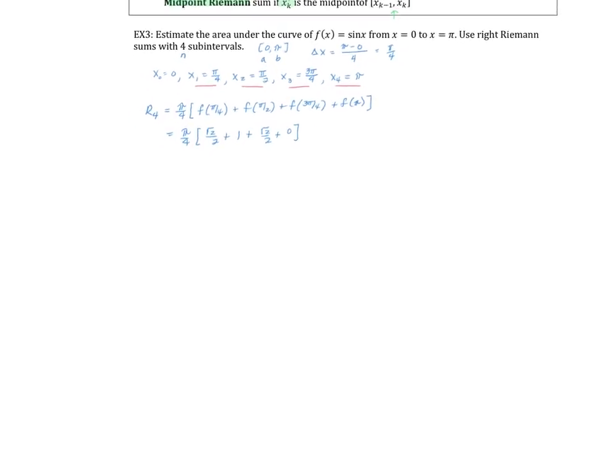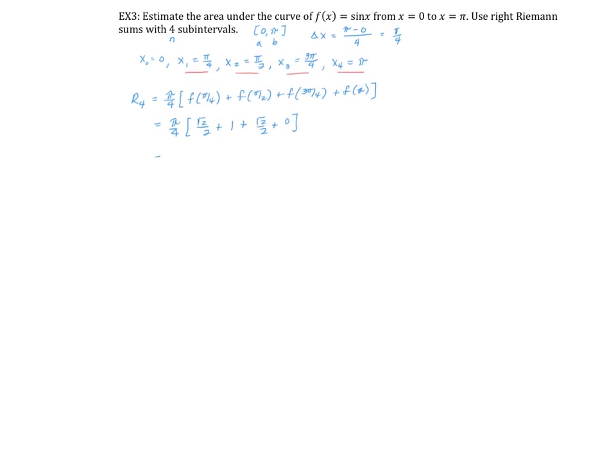So if I were to add all of these up, I get pi over 4 times 1 plus the square root of 2. In my calculator, that's approximately 1.896.